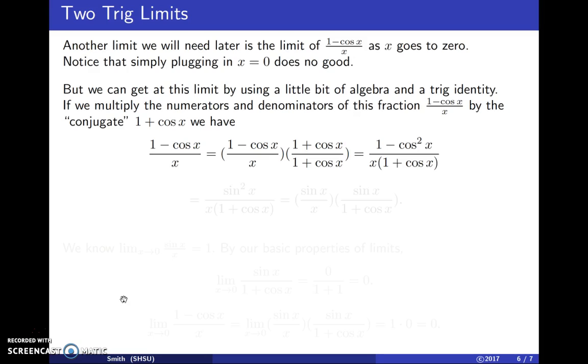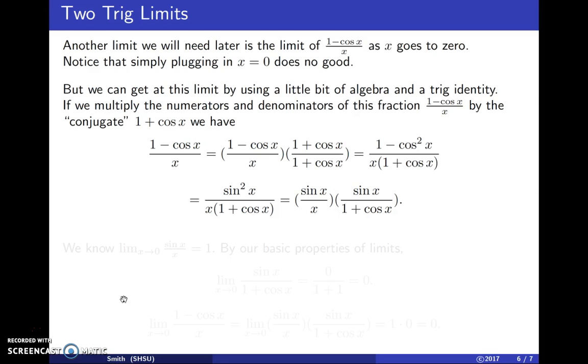However, by the Pythagorean identity of trig, 1 minus cosine squared x is sine squared x, so now I have this expression, and now I can break it up. The sine squared on top becomes sine x in one fraction and sine x in another. We factor the denominator also, and I've written now 1 minus cosine x over x is equal to this product.